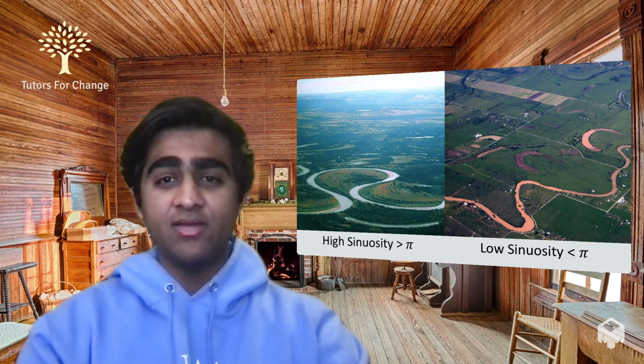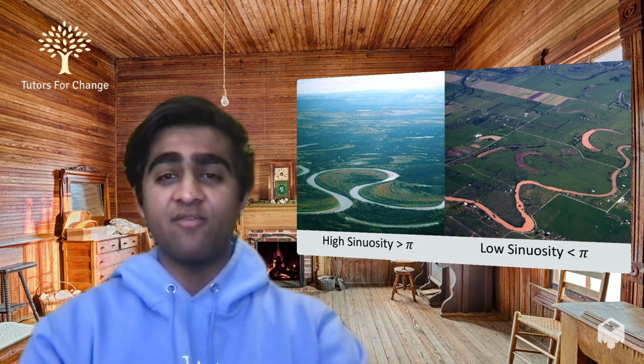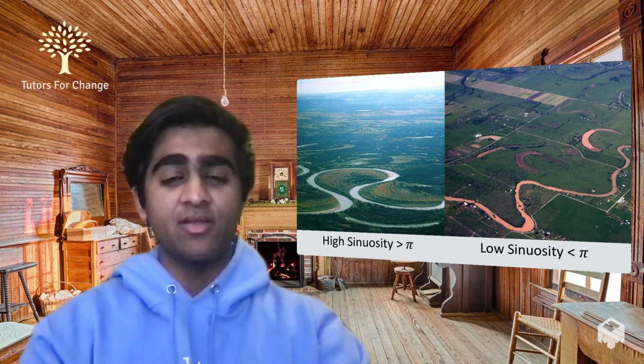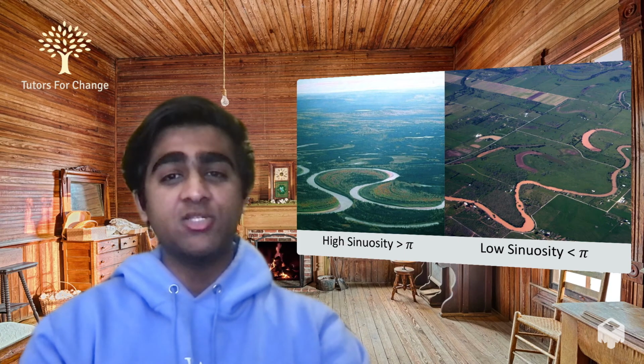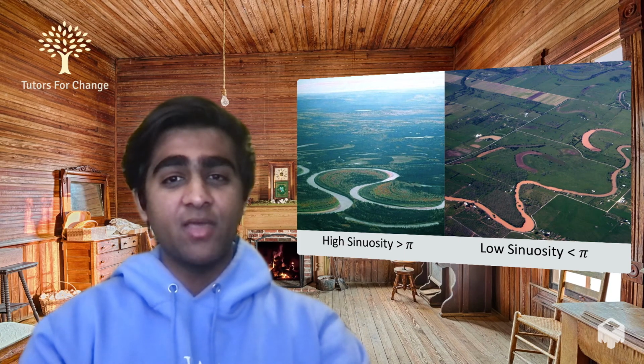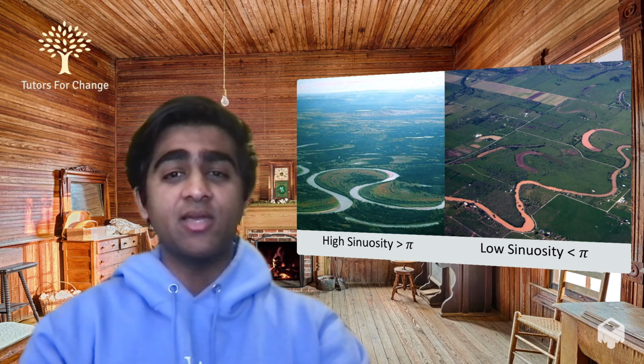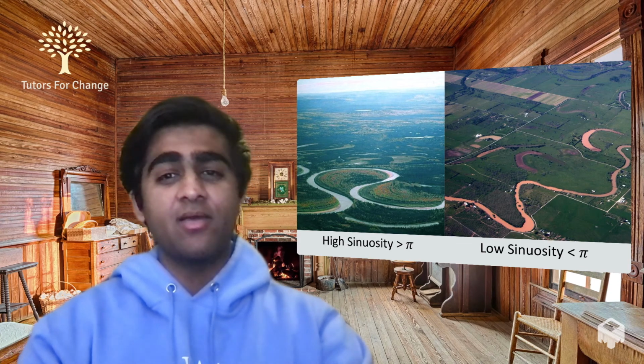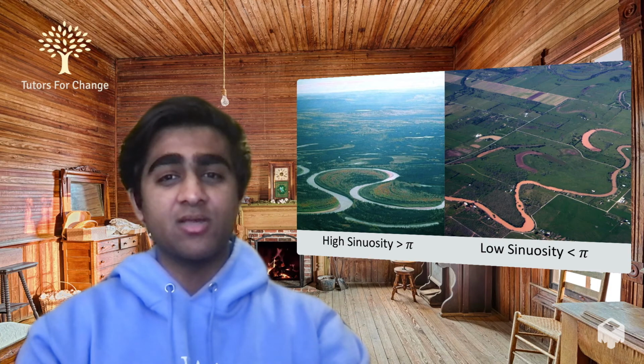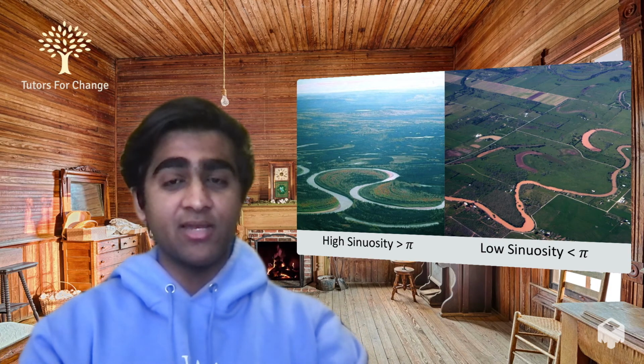However, on the right, we notice the creation of an oxbow lake. That's because the river has short-circuited and the river is far straighter than it used to be, so its sinuosity is lower than pi. This natural process indicates that the sinuosity of rivers should oscillate around the value of pi.